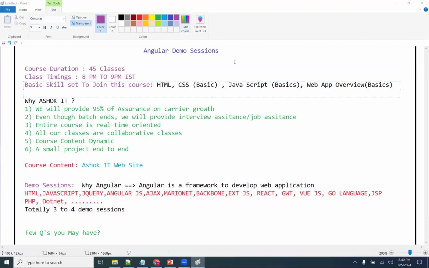Anyone available? Only one participant, Susanta. You can raise the hand, guys. Okay, Chand Sheikh. Only two participants as of now, who are not part of any project and only joined for Angular. Is that correct? Two participants.